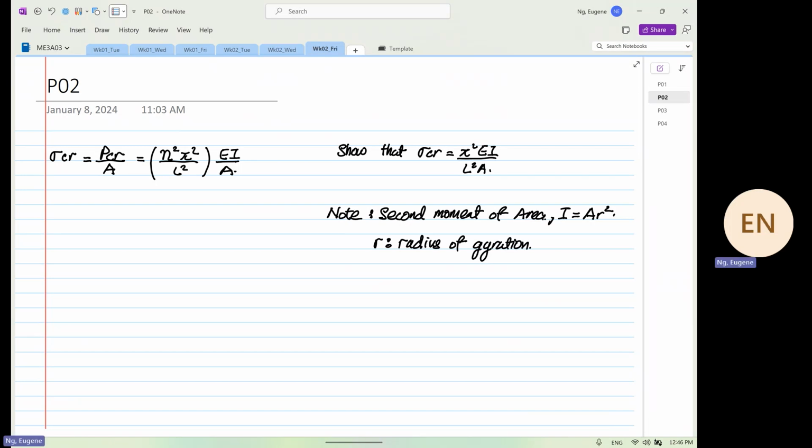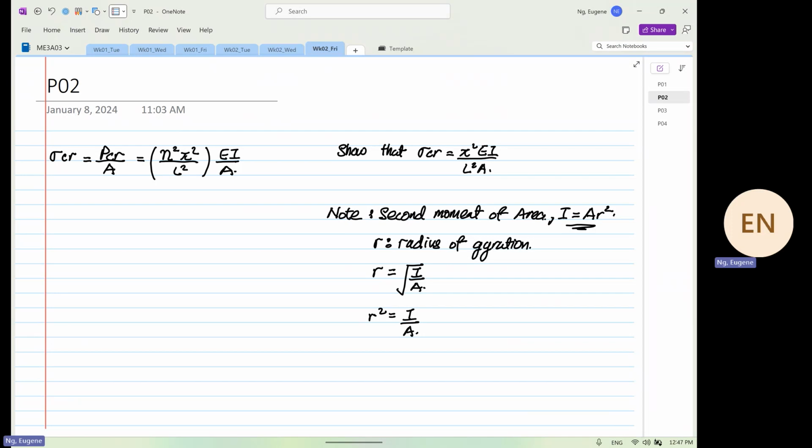So if we look at this equation, R is equal to the square root of I over A. You can rewrite this where R squared is equal to I over A.